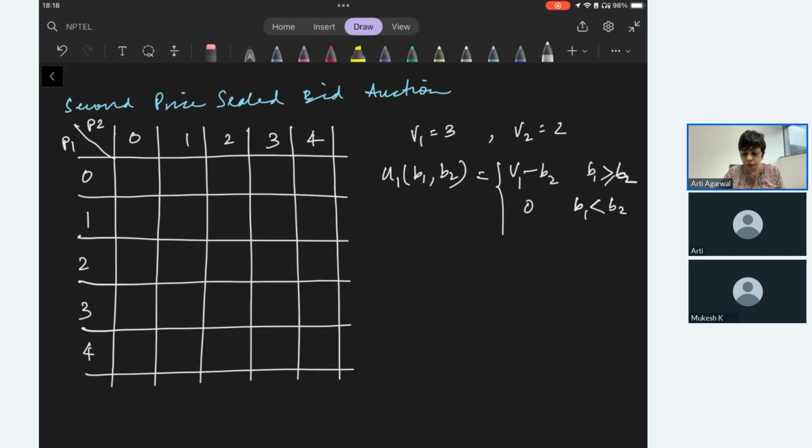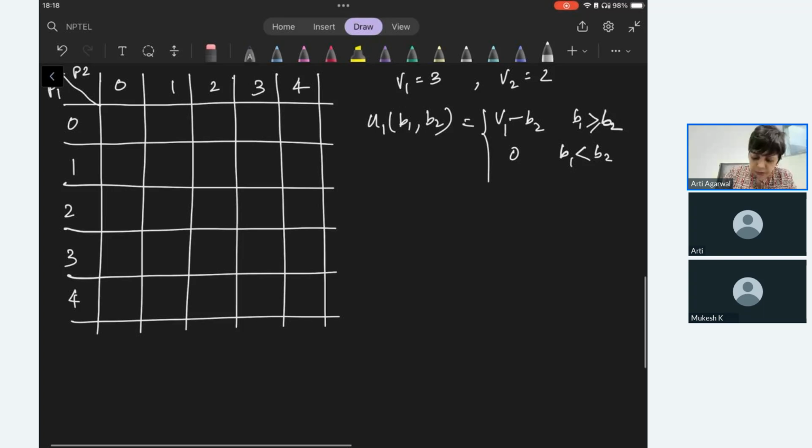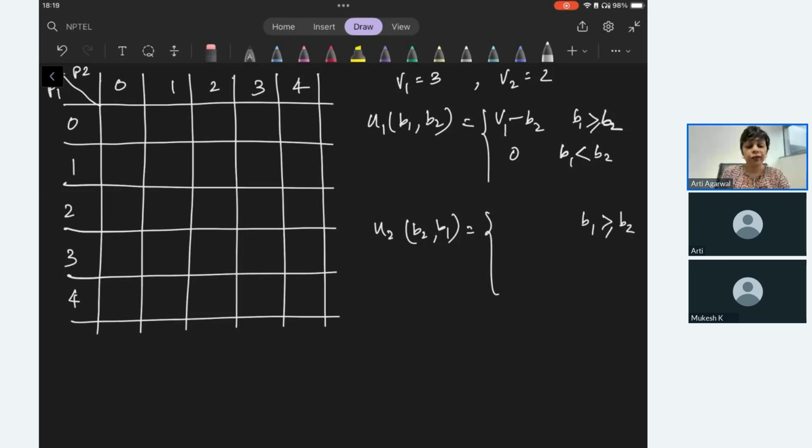Now let's talk about player 2. It's going to be very symmetrical, I mean very much similar. The method or the reasoning is the same. Here U2 for his bid B2 and the other guy's bid B1. If B1 is greater than or equal to B2, he gets what? He loses, right? If B1 is greater than B2, player 1 is going to win.